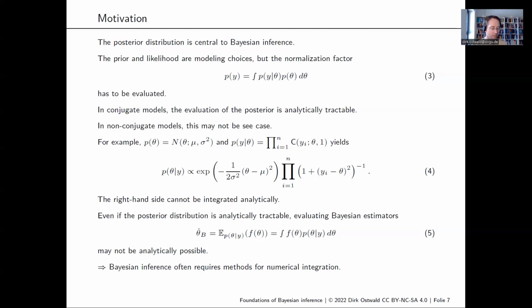So you might have a probability density, but then you want to compute the expected value or the variance as point estimates, or even again credible intervals. And these things are then also integrals and may not be analytically easy to solve. This is again a reason to use numerical integration.